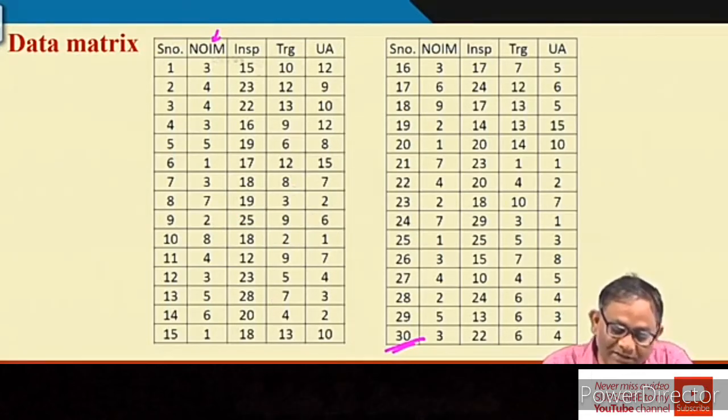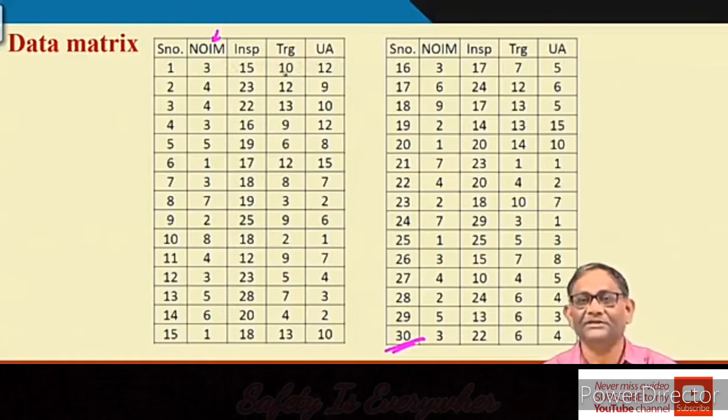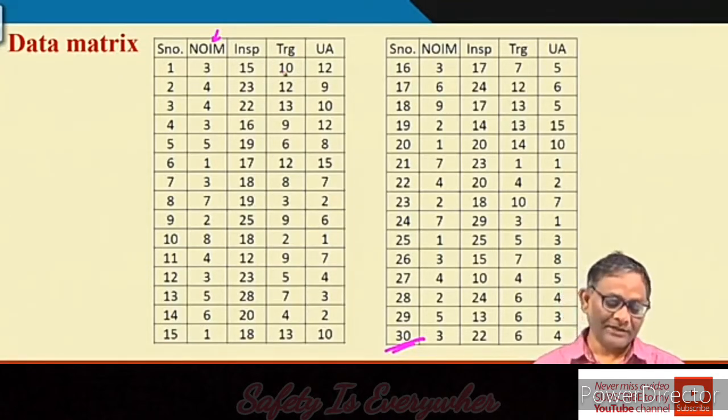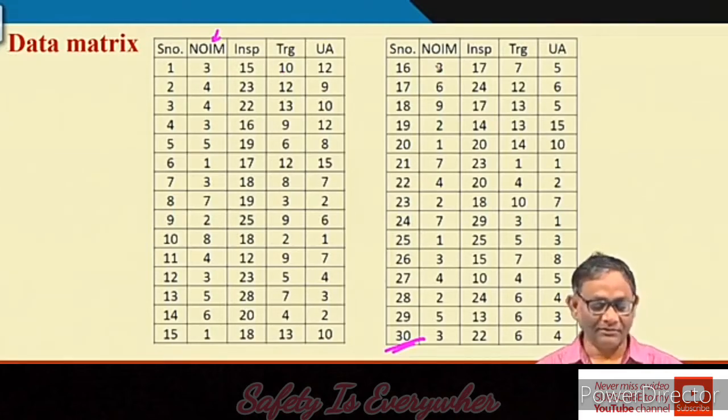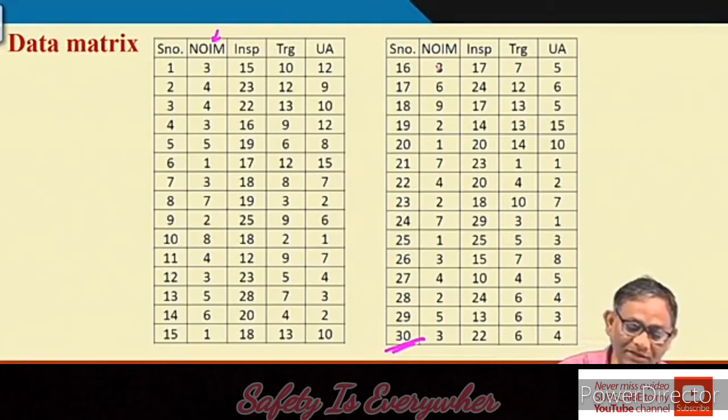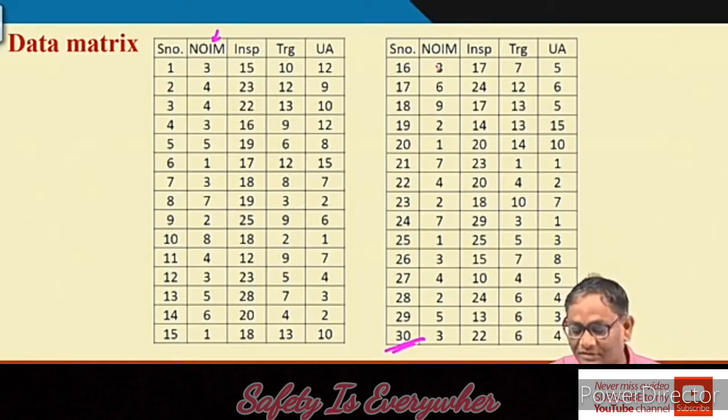What I mean to say is, these are the variables which will be measured using an appropriate measurement scale. For the time being, please understand that this kind of data is available and you want to know what the relationship is between NOIM and inspection, training and unsafe acts. These are not real data, they are basically hypothetical data. So, you want to fit the equation.